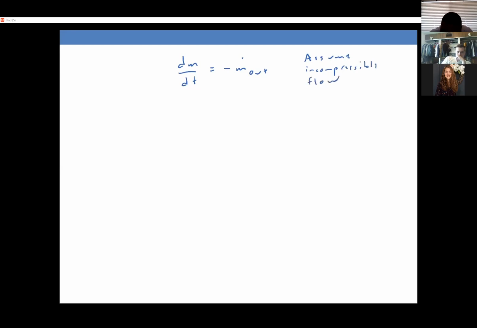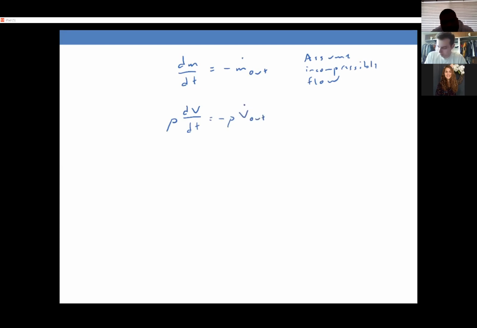That means constant density, and we're going to pull the density out of this, and we get rho times dV/dt is equal to negative rho times V dot out.